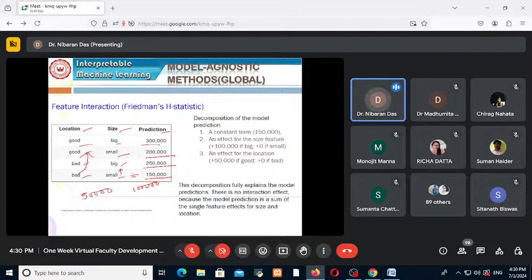Now if both are changed, that is bad to good and small to big, this would be added to the constant term, and if you notice this is 3 lakhs. So these two can fully explain the model prediction. There is no interaction effect because the model prediction is a sum of single feature effects for size and location.